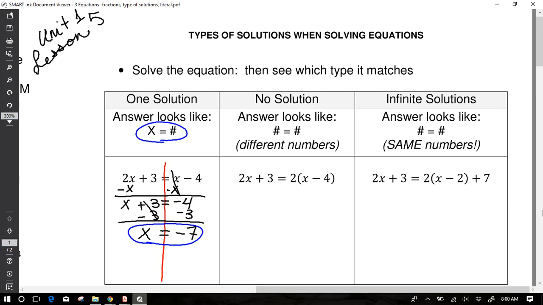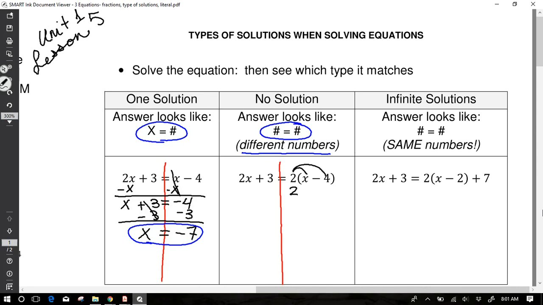Let's look at what it would look like if you had no solution, meaning no number in the whole world would ever make this a solvable equation, okay? So I'm going to draw my line. And then let's start out with our distributive property.